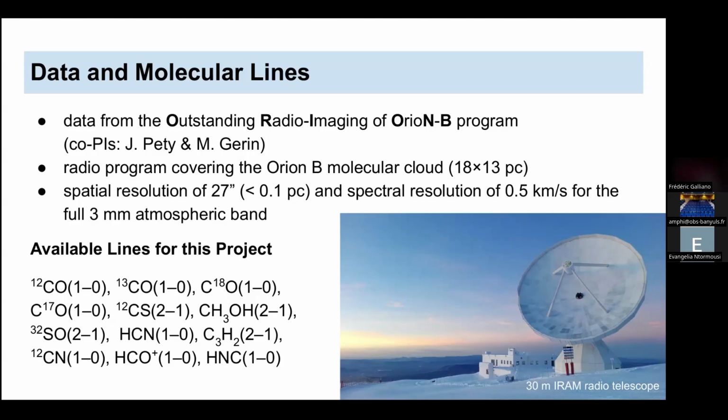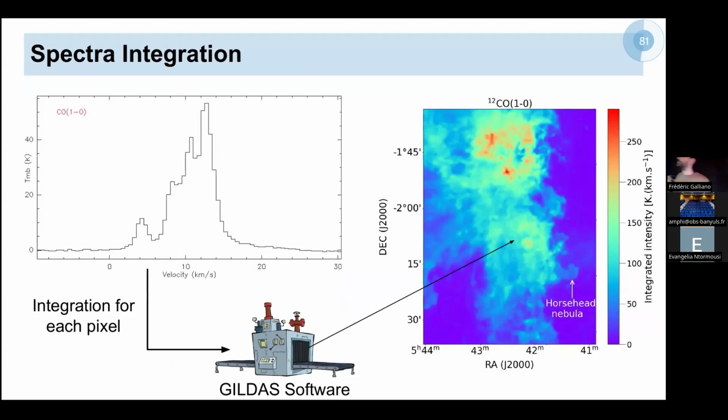We were provided 12 spectral cubes, and with these spectral cubes, we did an integration for each pixel. Using GILDAS software, we integrated the spectra and computed the noise level and the peak temperature.